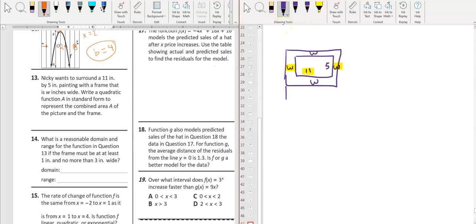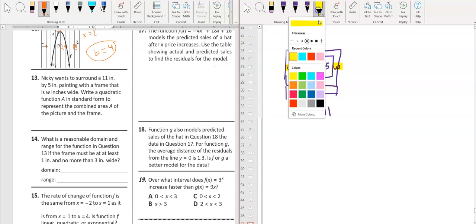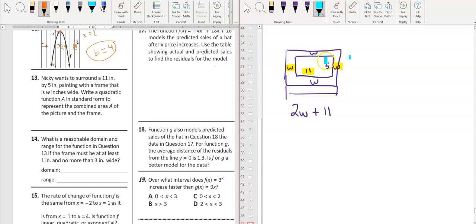So the length from here to here is 2 of the frame widths, plus 11. Then on this side, my picture is still W on each side. That's my frame. And then the picture itself is 5. So from here to here is 2W plus 5.